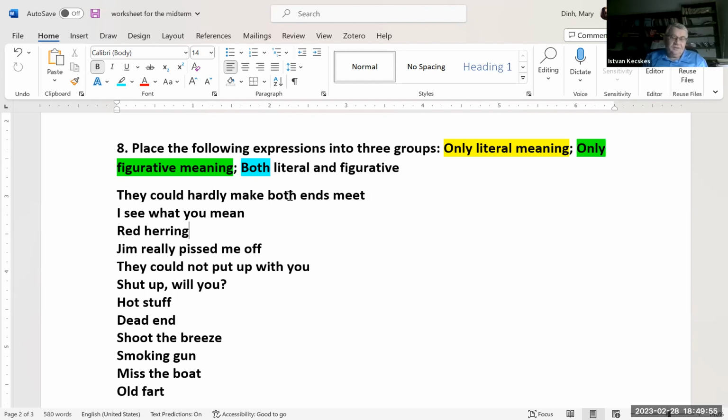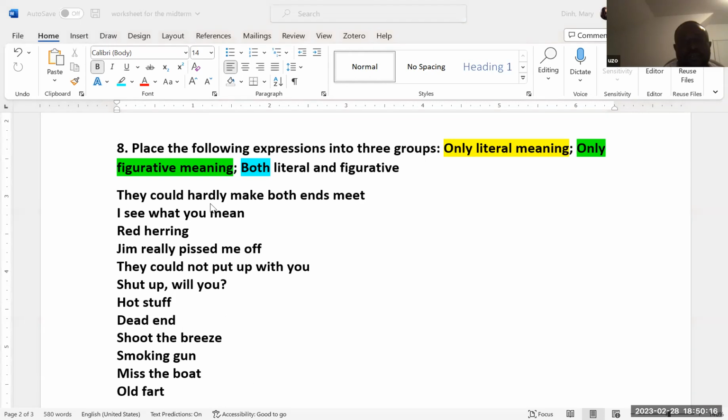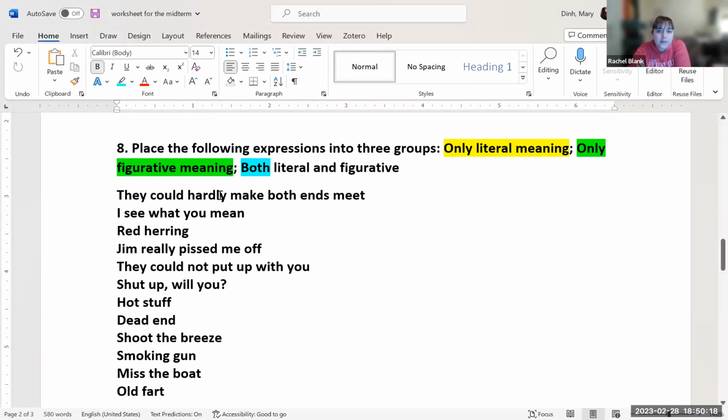Okay. Do you agree with her? Is there anyone else who did that in a different way? I thought it was figurative. Only figurative, yes? You say Uzo, yes? Okay. Rachel, what do you say? I said both literal and figurative.